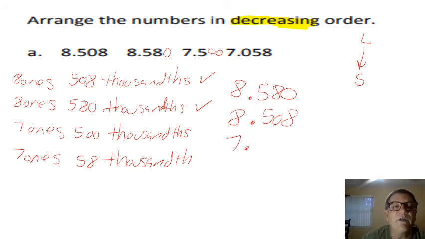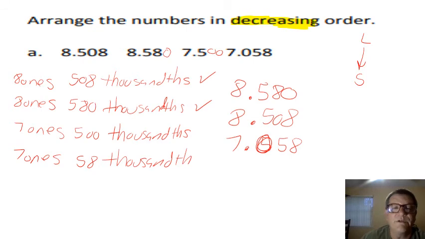Now my next highest number between my sevens, I know it's going to be 7 ones, but I can see the 58 thousandths is smaller than the 500 thousandths. So if I put 58 thousandths, oh, I just made a mistake, didn't I? See, it's very easy to get confused going through here.